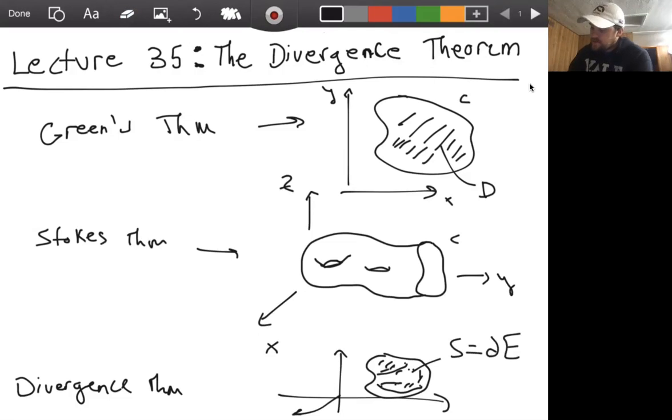And so we'll look at how we can relate an integral for the interior of this three-dimensional solid to the boundary, which is a closed surface, right? So let's look at a statement of the divergence theorem.